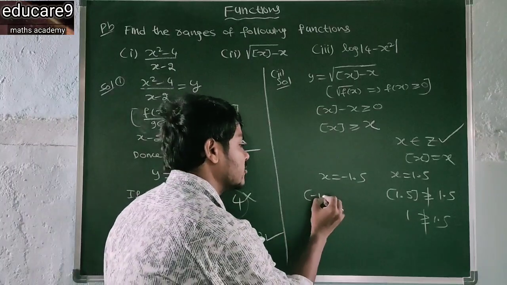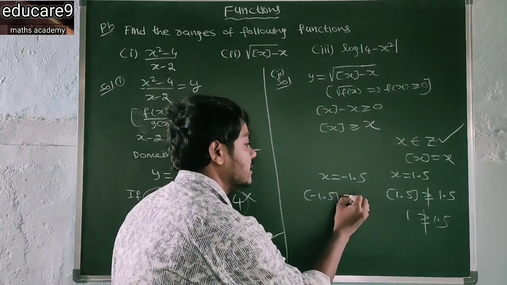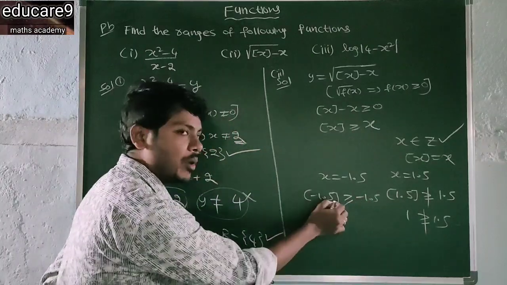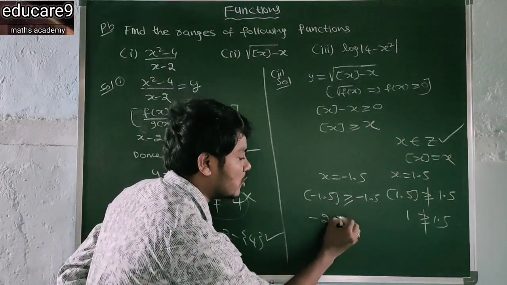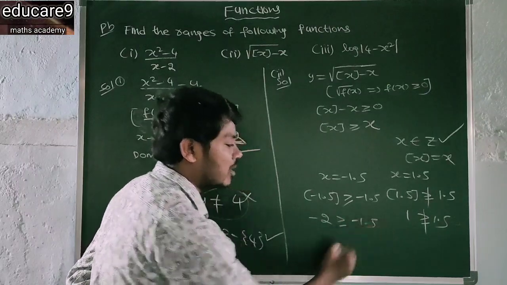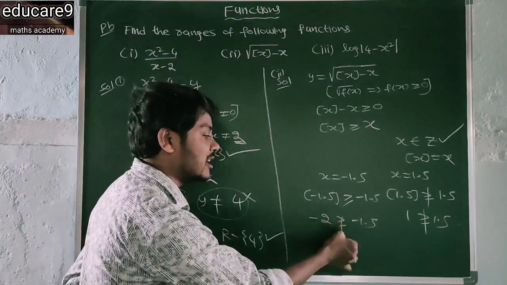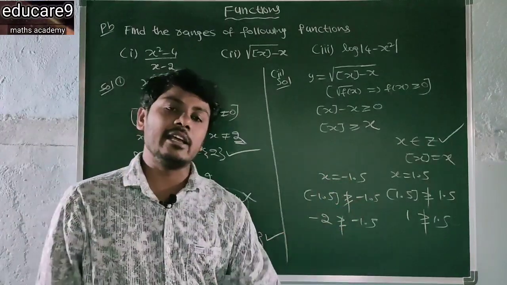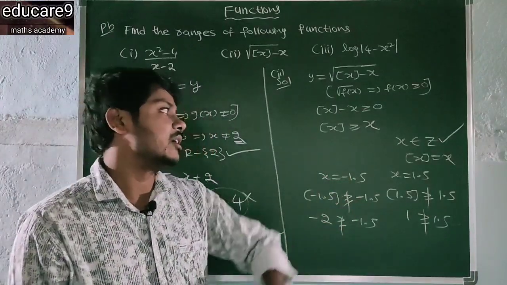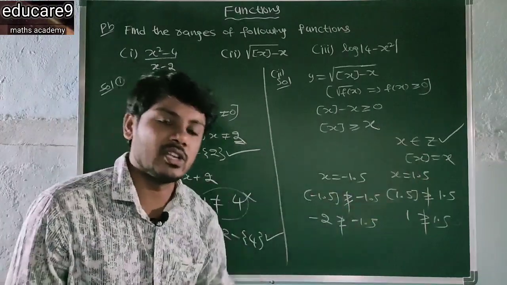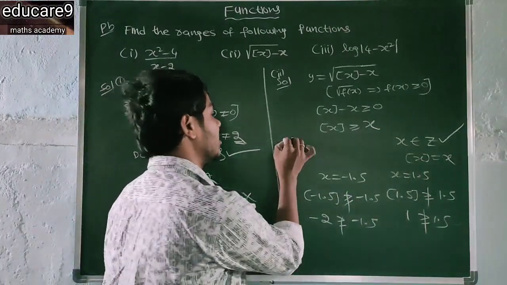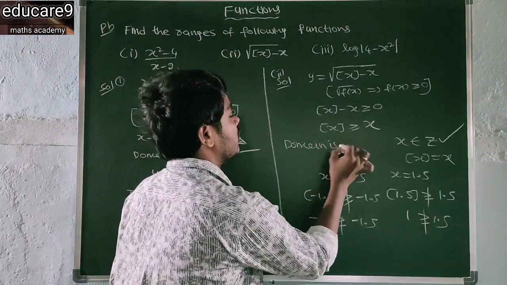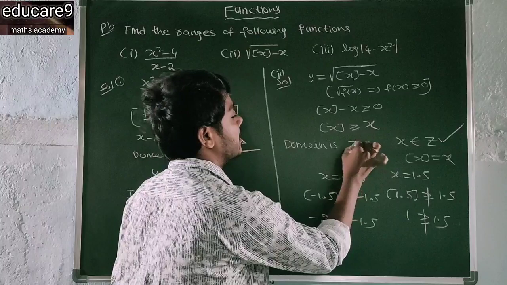Step of minus 1.5 is greater than or equal to minus 1.5. What is step of minus 1.5? Minus 2. It is greater than or equal to minus 1.5, but this is not true. So clearly, rational and irrational numbers are not satisfied. Only integer values are satisfied. So therefore, the domain is Z.